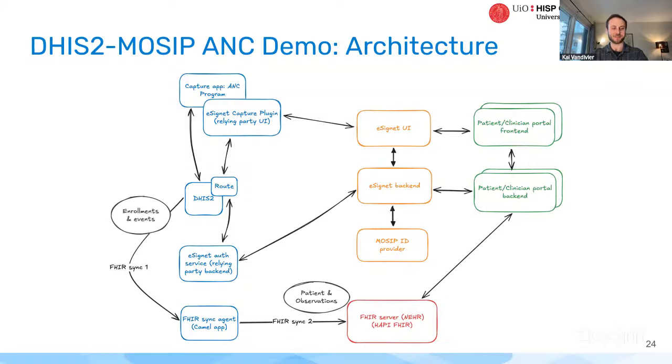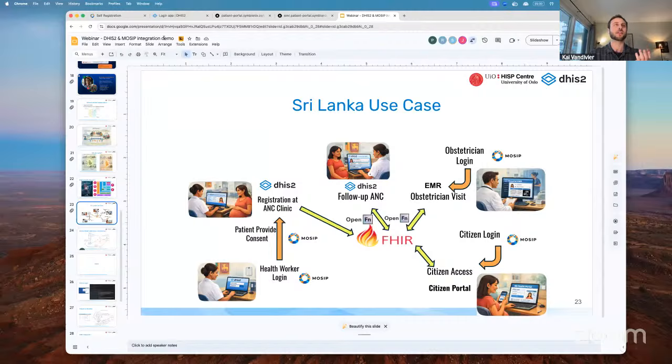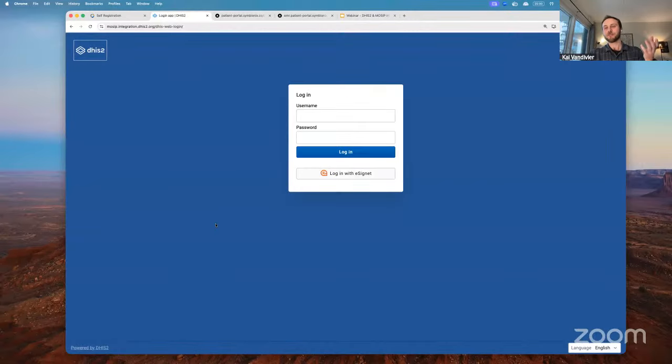But now I get the pleasure of showing what that looks like tangibly, and hopefully putting some images to a lot of the ideas and words that people have presented so far. And so what this looks like for this use case, starting in DHIS2, we've added an integration at the login step where you can use eSignet to log into the DHIS2 instance.